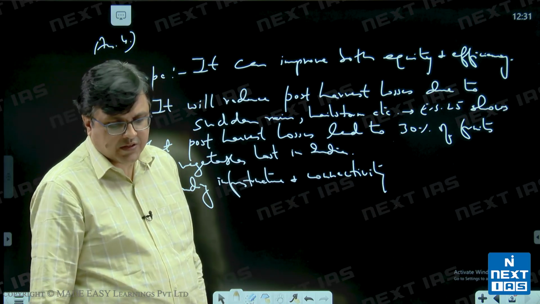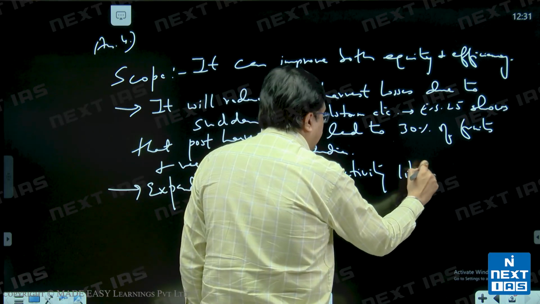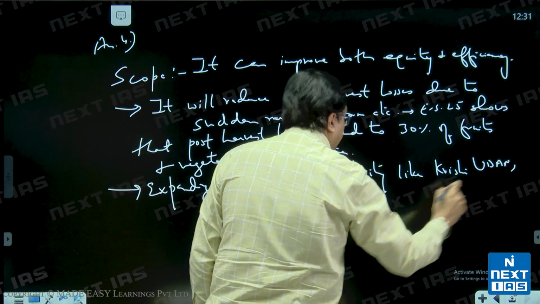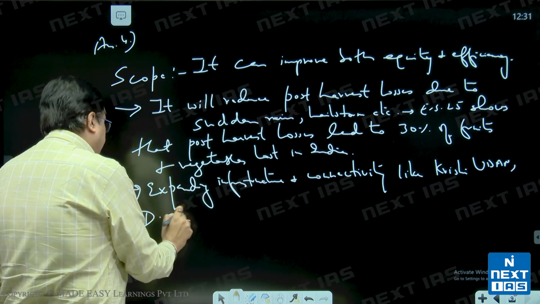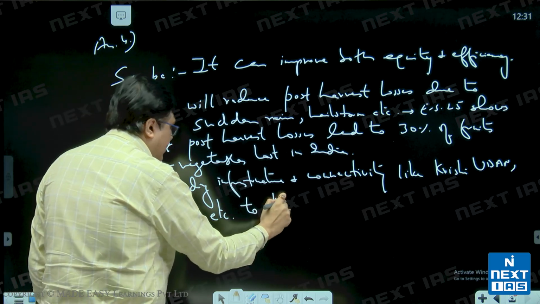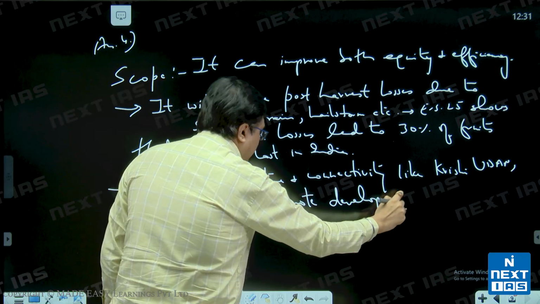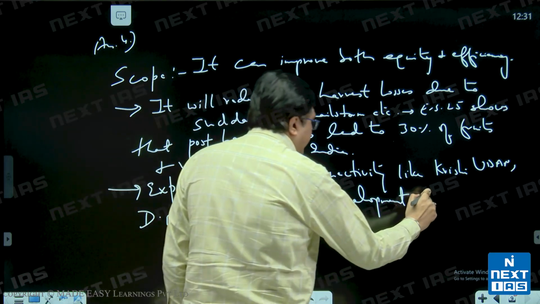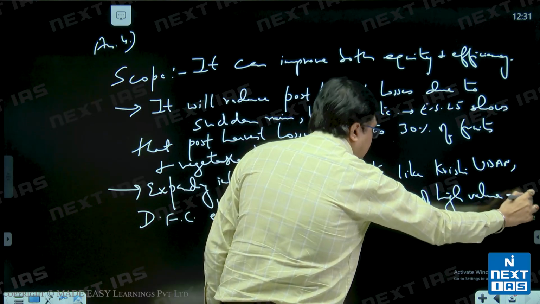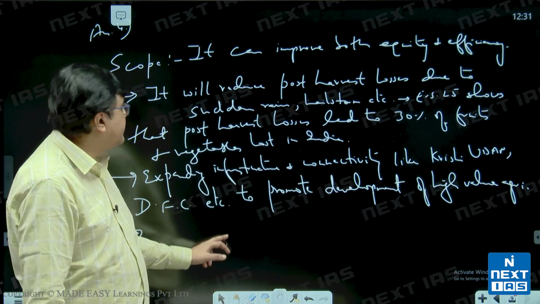So if you expand infrastructure and connectivity like Krishi Udan, dedicated freight corridor, etc., to promote development of high value agriculture. So this is the second thing we will write.